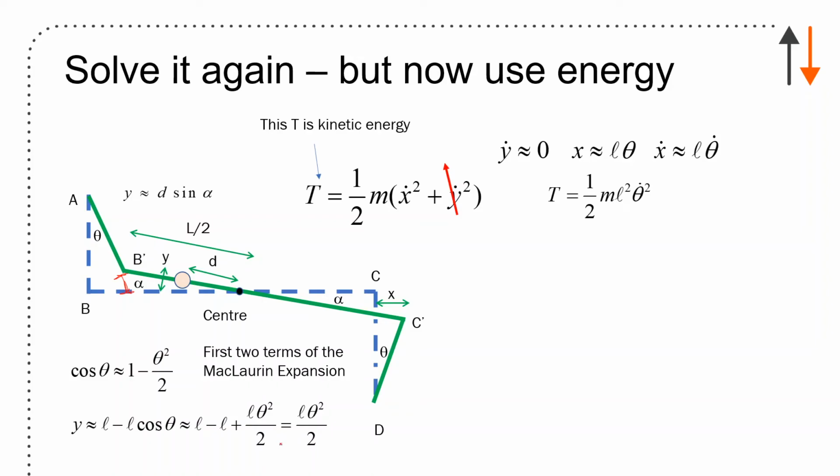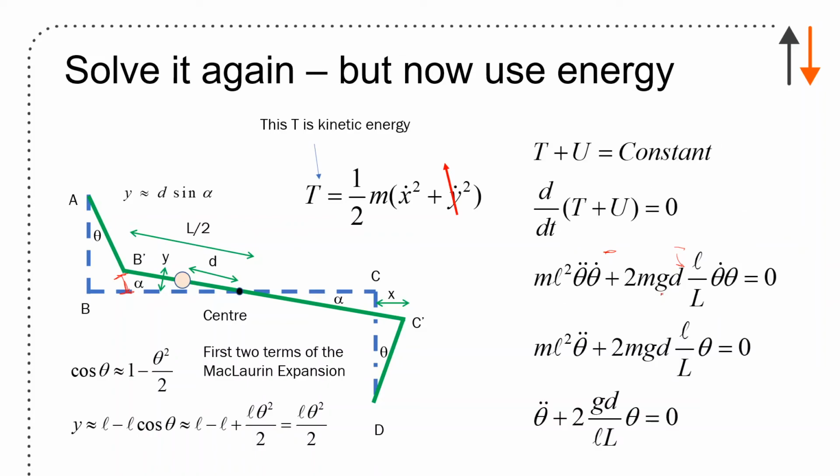Y is approximately equal to d sine alpha. And so based on that, U equals the vertical displacement of this thing, so U equals mgy, which is mgd times theta squared over L, because I'm just going to substitute in that relationship for sine.